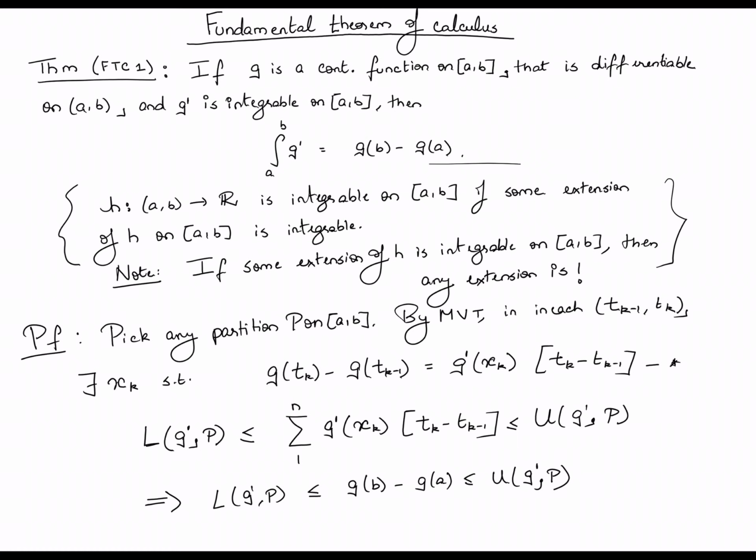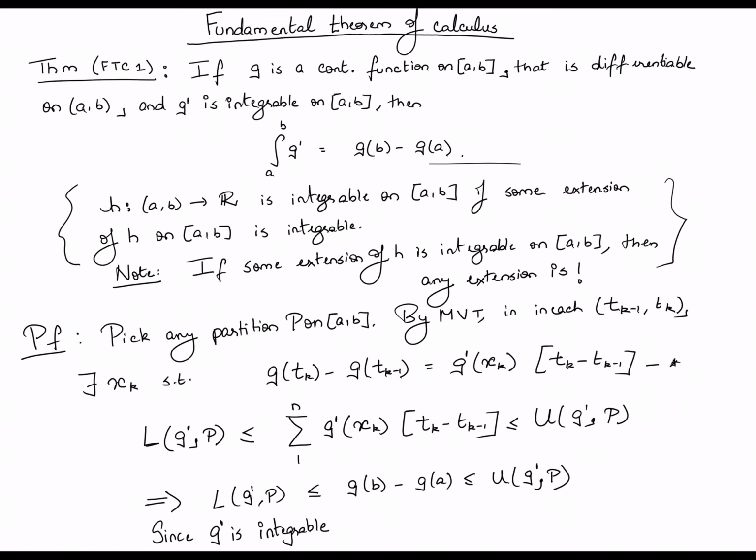Okay, this in turn implies, given that g prime is integrable, that g(b) minus g(a) must also be the value of the integral. Since g prime is integrable, that means that as P becomes finer and finer, L(g', P) will approach the value of the integral, and U(g', P) should also approach the value of the integral from above, right?